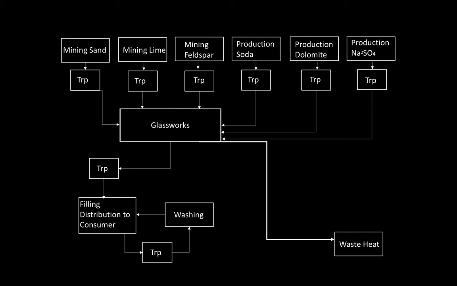The third scenario is that after you have consumed the beverage, you collect it, transport it back to a washing station and reuse the bottles once again. To make this analysis complete in this scenario, you need to consider the production of the washing material, the detergent for this, and also some more heat when you wash the bottles.